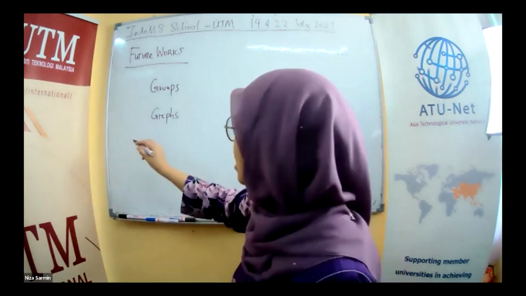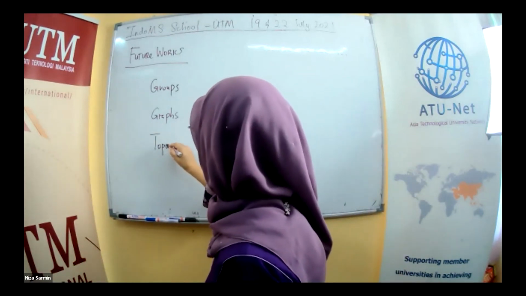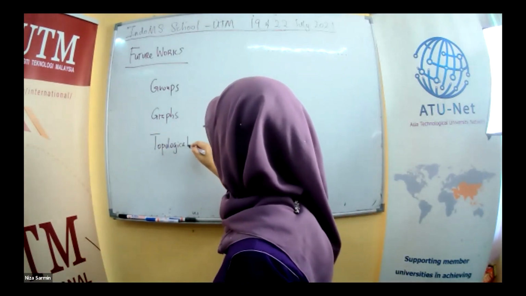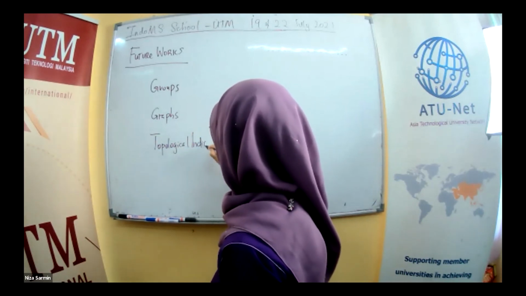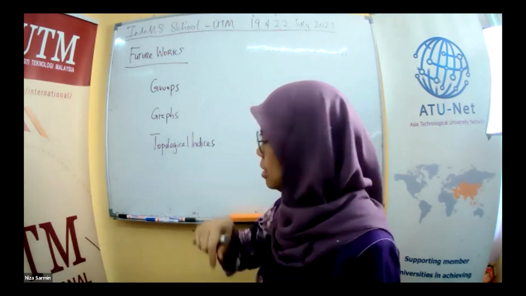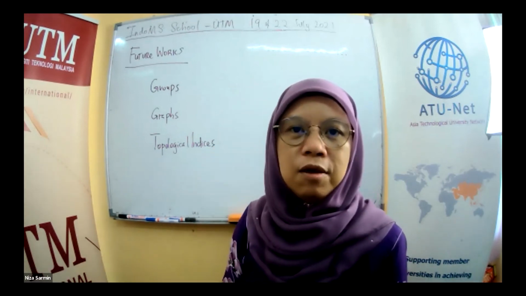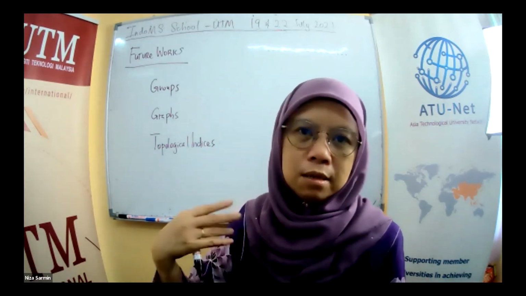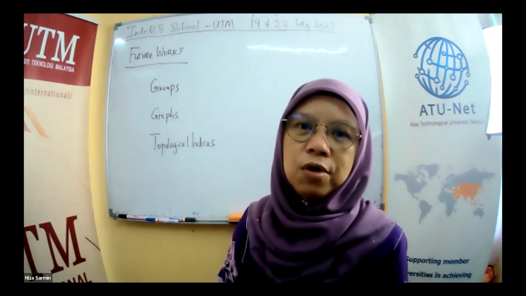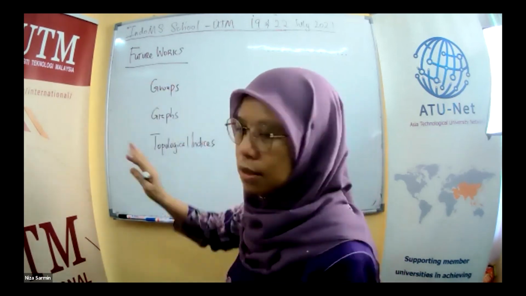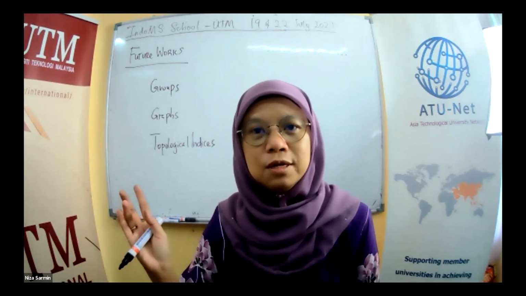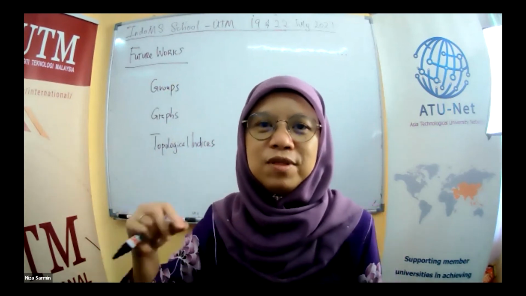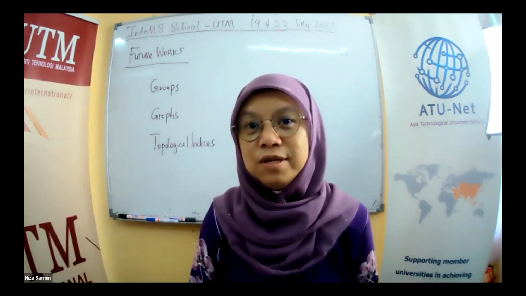And there are many other topological indices that have not been computed for other graphs of groups, because the ones they compute are all the graphs that they have from graph theory, right?